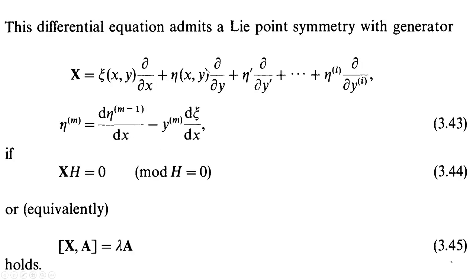This is my symmetry generator. I am defining the extension of the generator in this equation. This is the mth extension of the generator. This is the first Lie symmetry equation, and this can be put in our equivalency because this symmetry, this commutator and A do the same job.